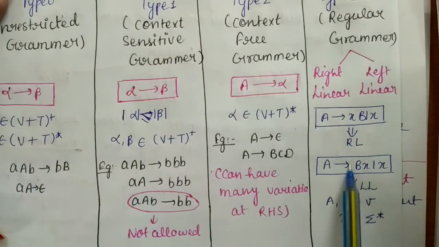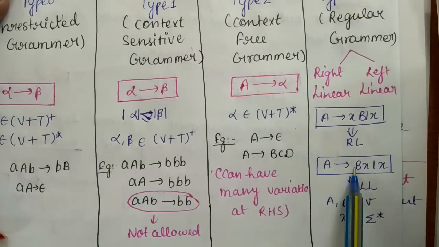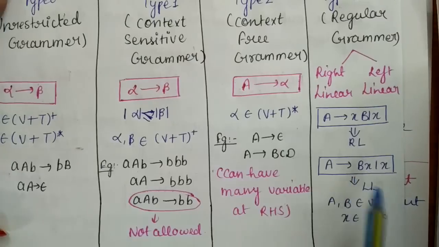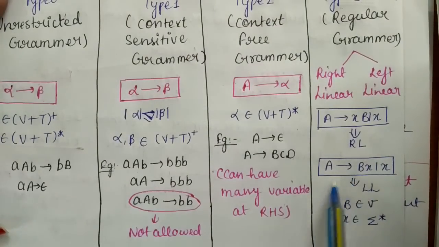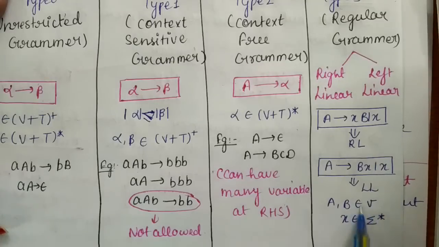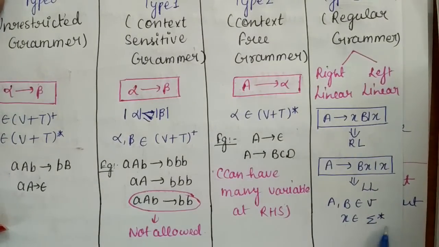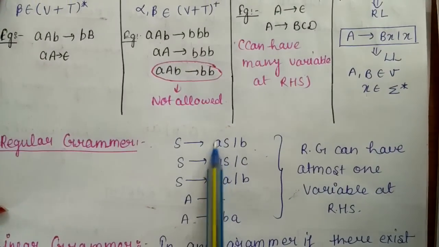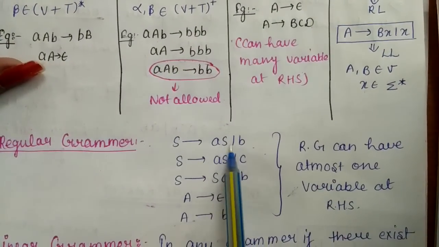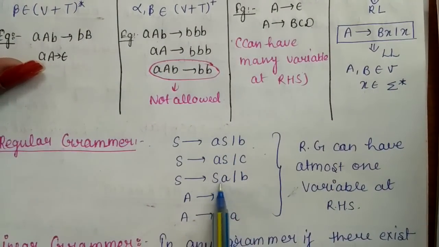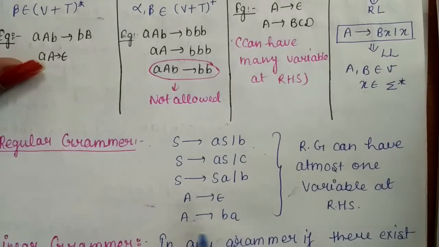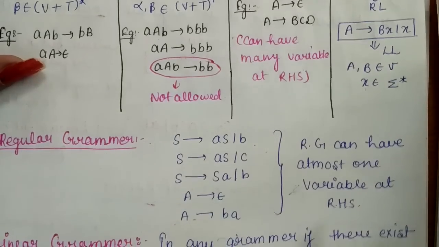If we have the repetition on the left side, it will be left linear grammar. The values of A and B can be any variable, and x belongs to sigma star. Examples of regular grammar: this is the right linear grammar, this is the left linear grammar, and we can also have symbols like this.